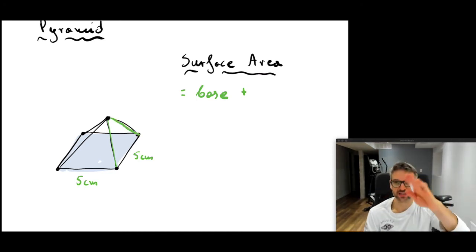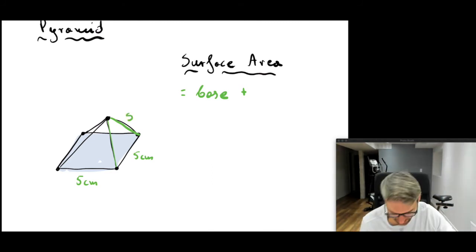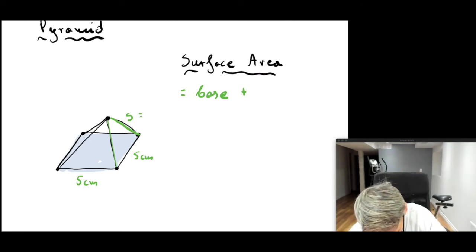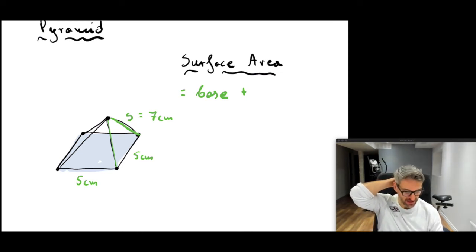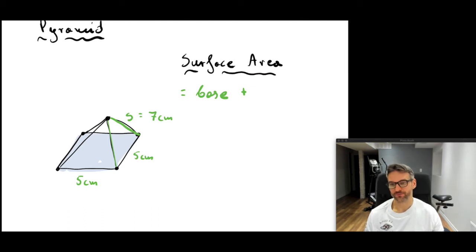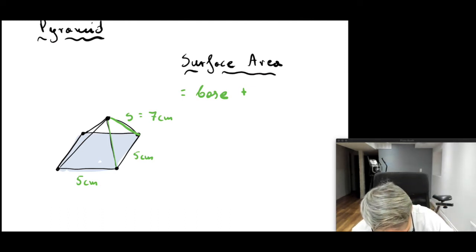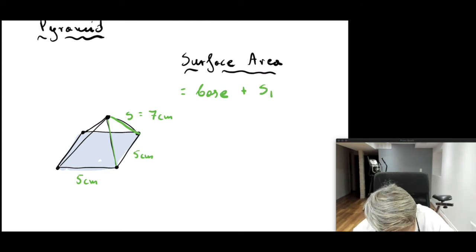I'm going to call this the slant, let's call it S, whatever that might be. Let's say the slant was 7 centimeters for all of them. If that's the case, then the surface area is basically the base plus side 1 plus side 2 plus side 3 plus side 4.